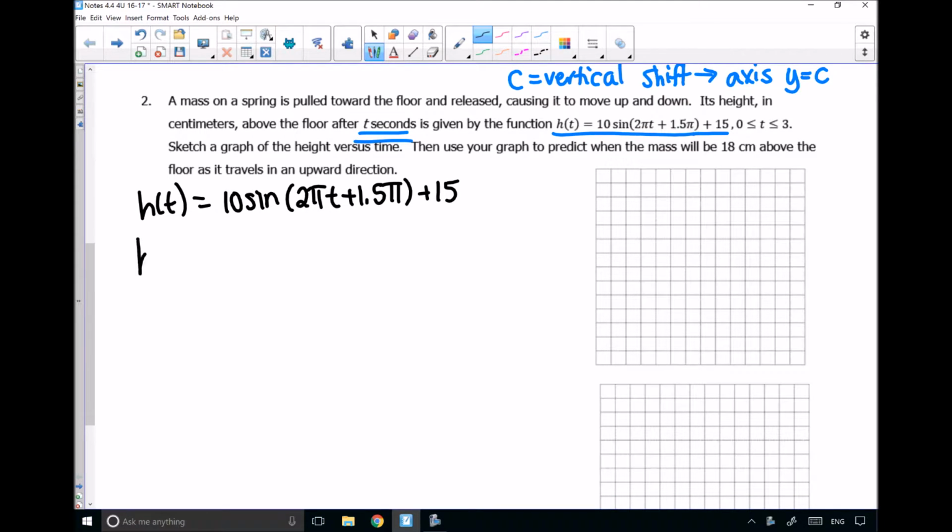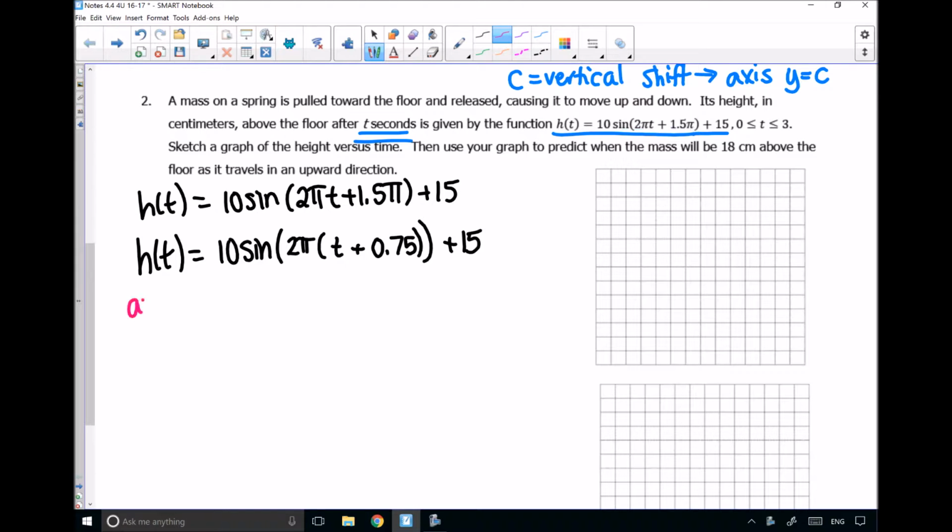So I can say h of t is equal to 10 sine, and then in order to factor out the 2 pi right here to get this t left over, I end up getting 2 pi times t plus, and then when I factor out 2 pi from 1.5 pi, when I divide that, I get just 0.75 plus 15, okay? So now I can go ahead and figure out all of my information.